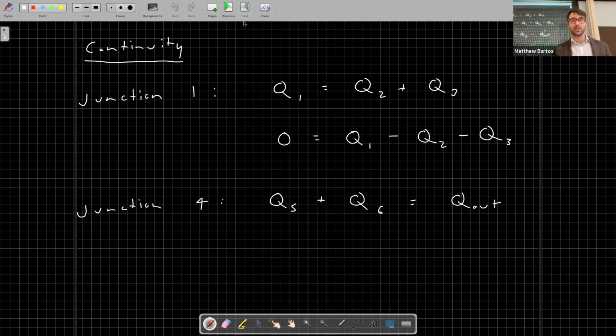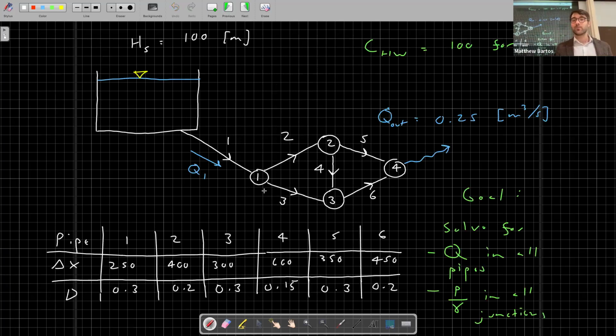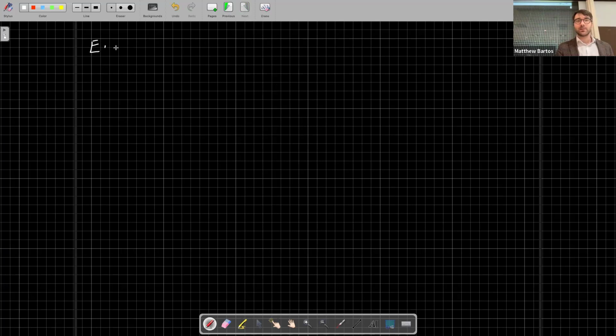And then we can rearrange it just like before: 0 is equal to Q5 plus Q6 minus Q out. Basically this procedure needs to be applied to each junction, and you'll end up with 4 different equations for continuity at the nodes. Okay, let's try applying the energy equation.